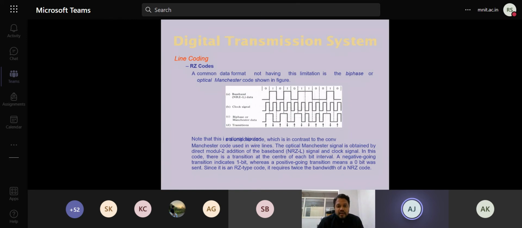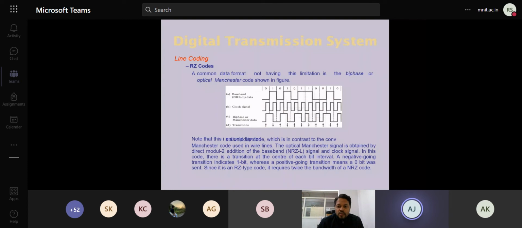There's another type of coding which is Manchester coding. Manchester encoding does a direct modulo 2 addition of the baseband NRZ signal and the clock signal, and this ensures that there is a transition at the center of each bit interval.